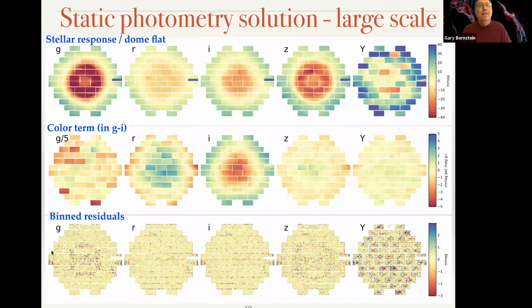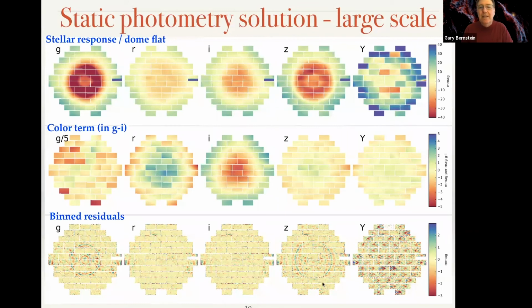And you can see these donuts, which are basically removing the presence of unfocused scattered light in the dome flat. And then on the right side in Y-band, you can see a strong chip-to-chip pattern, which is because the color of the stars is different from the color of the dome, and the Y is in particular very sensitive to that, right? Second row here shows color terms, and the bottom shows the binned residuals to this model.